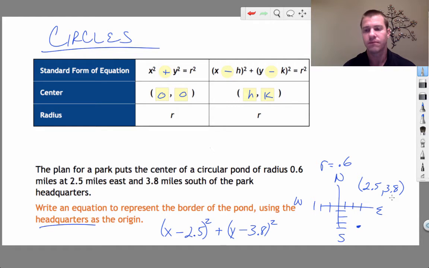Whoops. This was a negative 3.8 in my y, so that becomes a positive. Equals r squared. Well, it tells me r is 0.6.